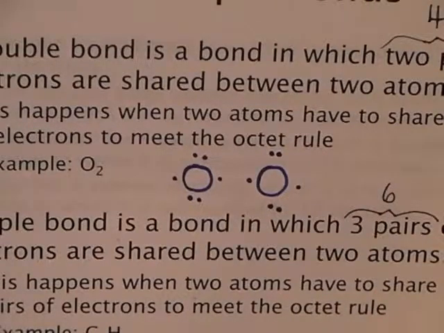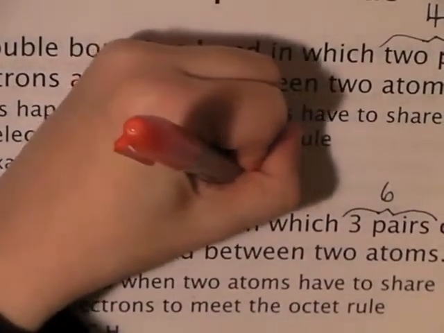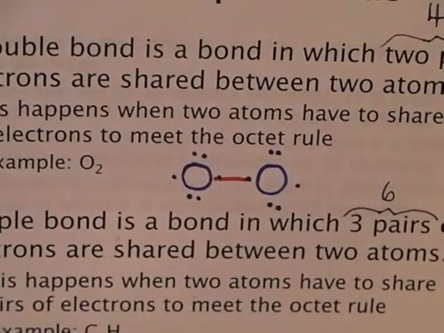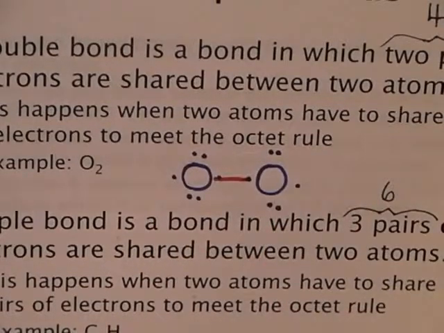I'll try to use a different color. These 2 are going to come together and form a bond to be shared. But notice, are either one of those oxygens completely happy and stable yet? Well, no, and hopefully that's what you're saying. As long as there are single dots left, not everyone's happy.